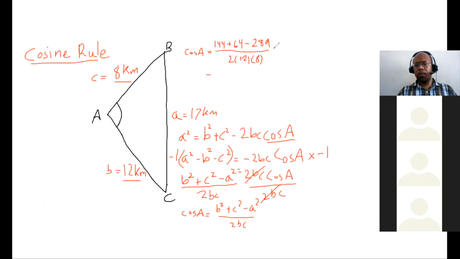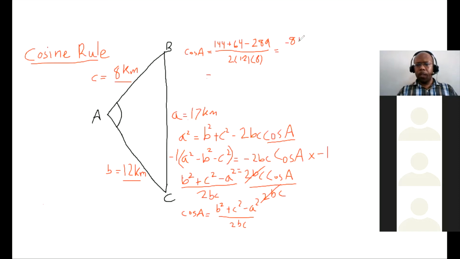Well, let's just go this way because we're running out of space. So let's add 144 plus 64 equals 208, minus 289 gives me a negative 81.